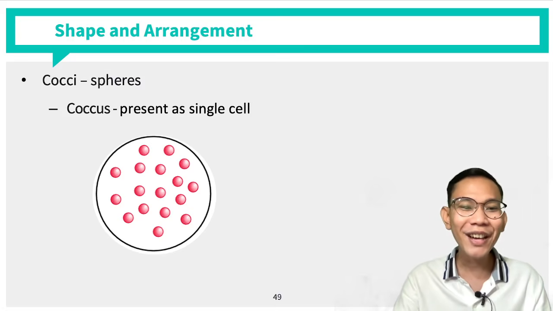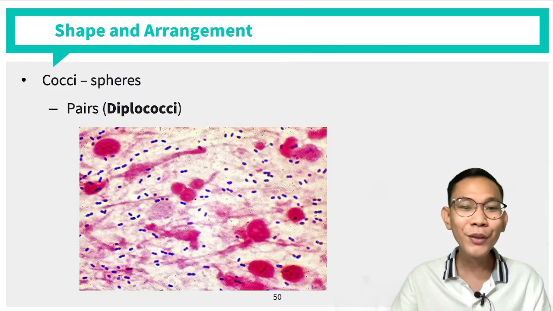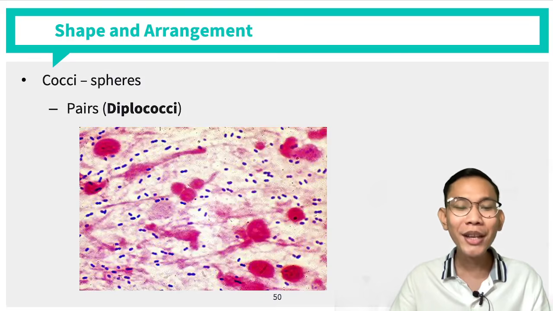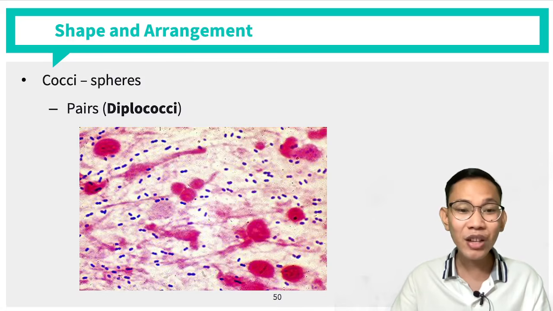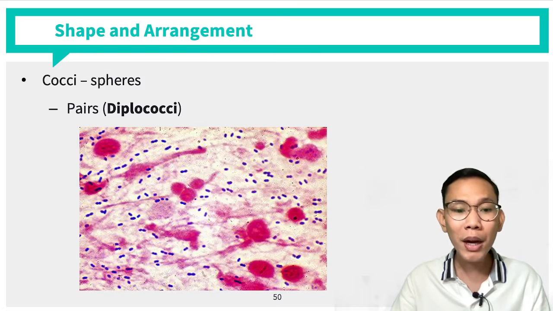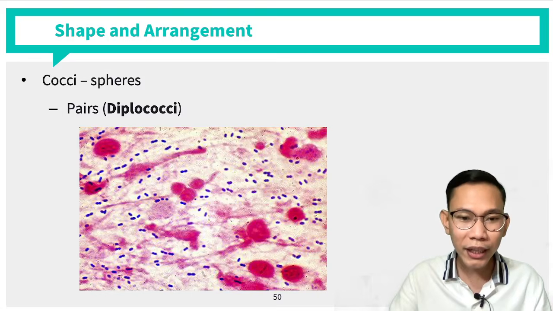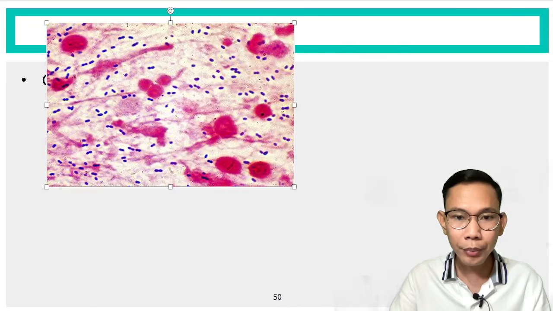So, tingnan natin. After your coccus, we have your diplococci. When we say diplococci, it's actually in pairs. This arrangement results when two bacterial cells occur as a pair joined together.